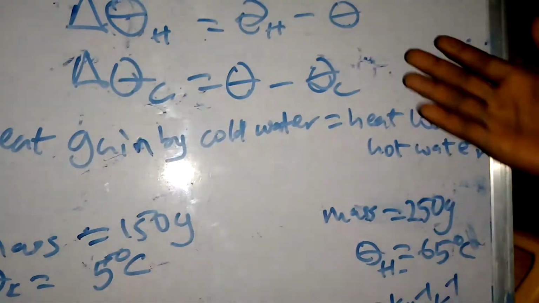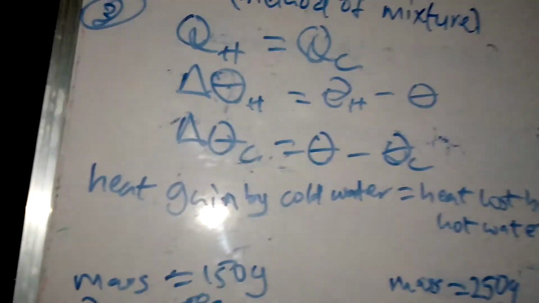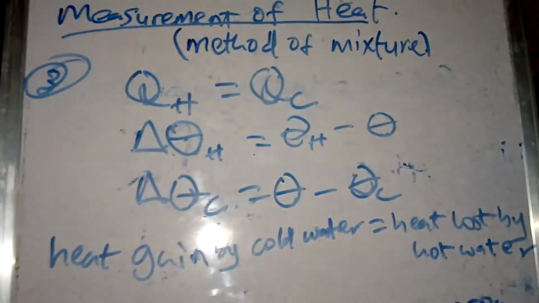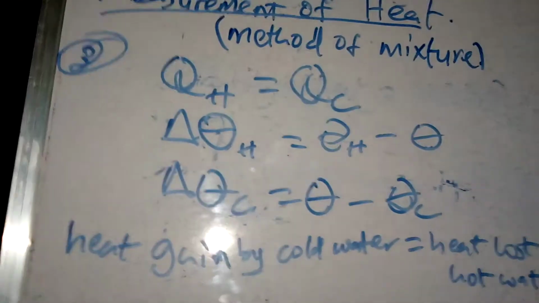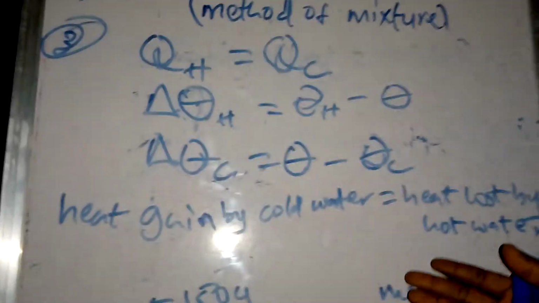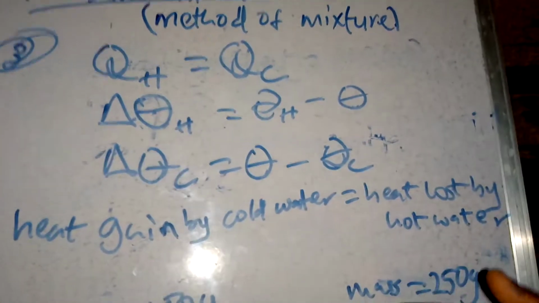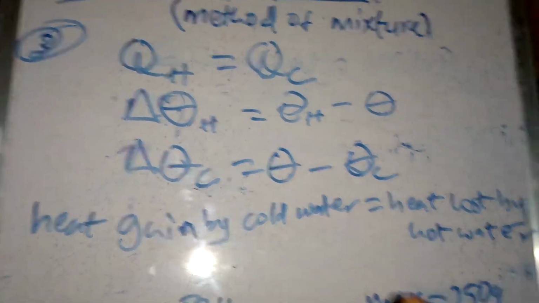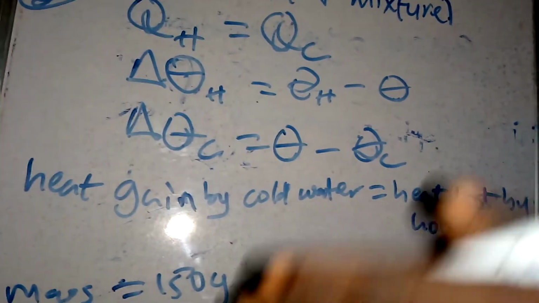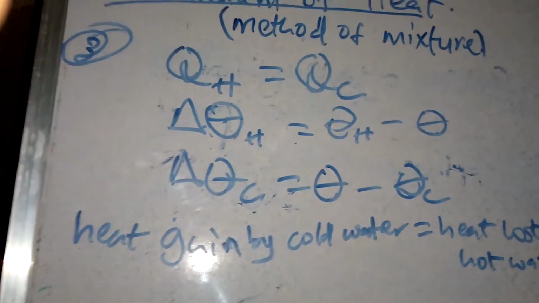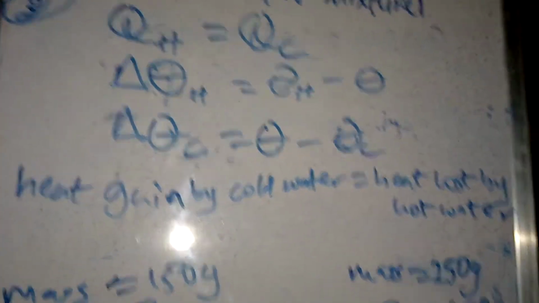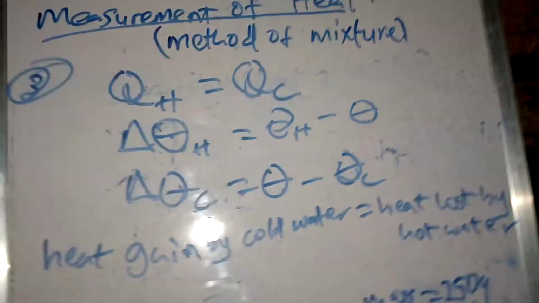The man will surely mix the hot water with cold water in order to reduce the temperature. That temperature the man wants to bathe with is the final steady temperature. So in the question, we are told to look for the final steady temperature.